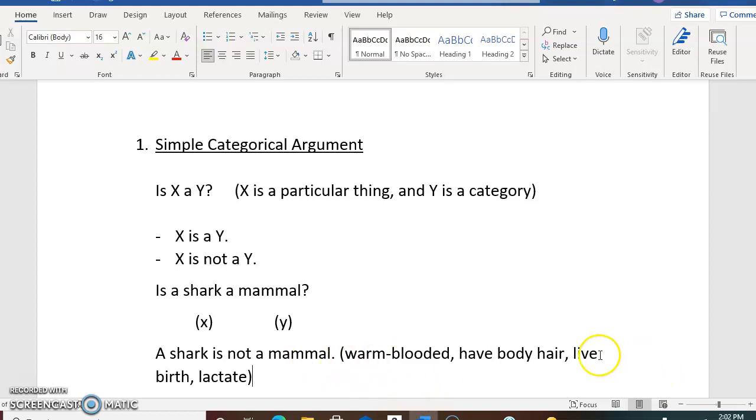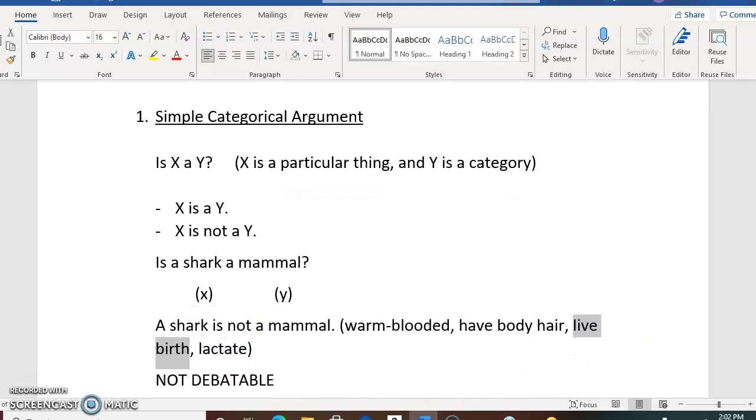And maybe somebody who knows something about sharks knows that, in fact, sharks do give live birth. Sharks don't lay eggs. The baby sharks come out swimming and alive, okay? So, in that sense, a shark is a weird animal. It's hard to categorize. But still, we'd all agree that a shark is not a mammal.